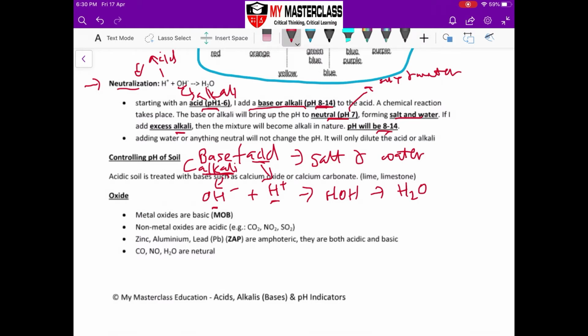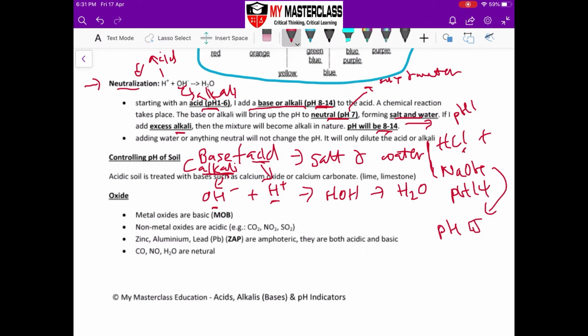Why do I tell you this? Because some students will think, okay, I have HCl plus NaOH. HCl pH 1, NaOH strong alkali pH 14. When you add the acid to your alkali, what will we get? Will I get pH 15 because 1 plus 14?